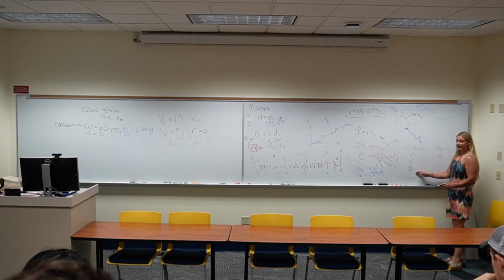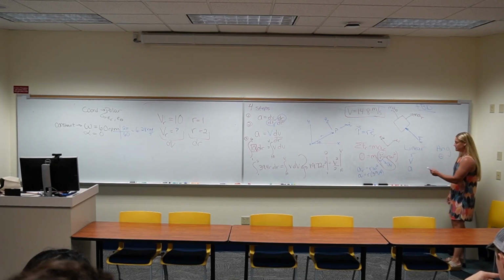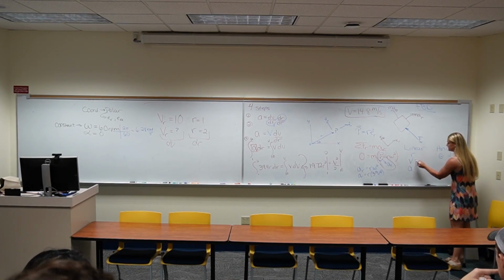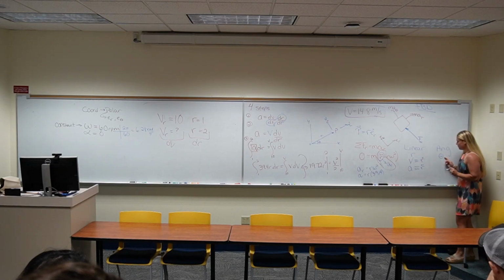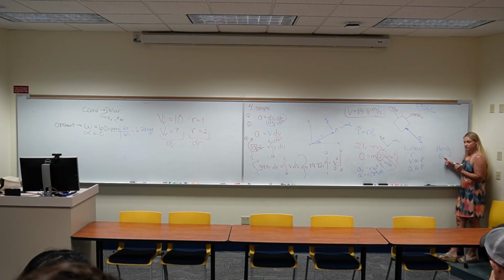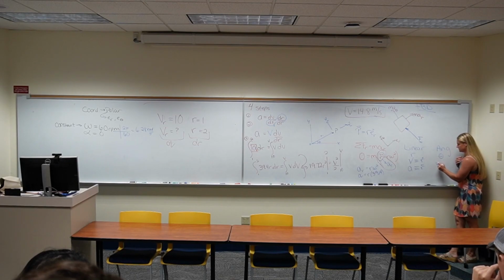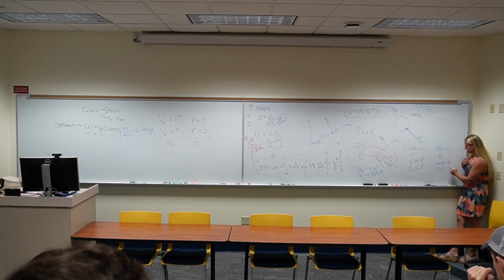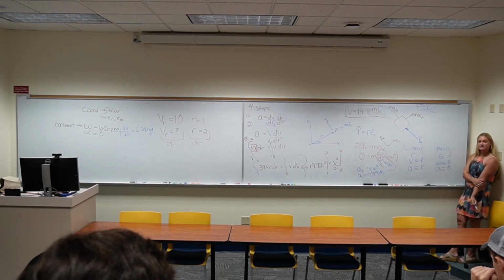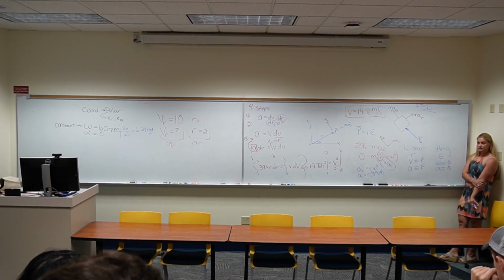Since these are time derivatives, and v is the derivative of r, and a is the derivative of v, I could also write this as r dot and r double dot. What is the angular velocity? What variable do we use? And for acceleration, alpha. This is equivalent to theta dot because it's a time derivative, and this is equivalent to theta double dot because it's a time derivative, correct?